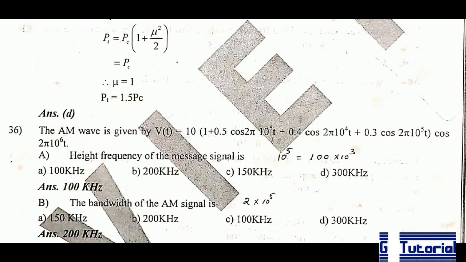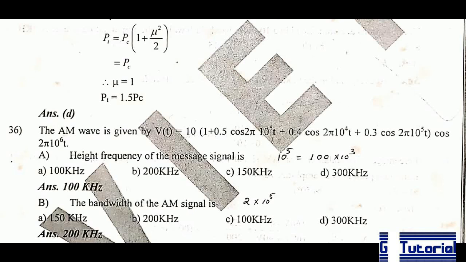So the equation of multi-tone modulated signal is AC into 1 plus mu1 cos 2 pi fm1t plus mu2 cos 2 pi fm2t plus mu3 cos 2 pi fm3t, total into cos 2 pi FCT.